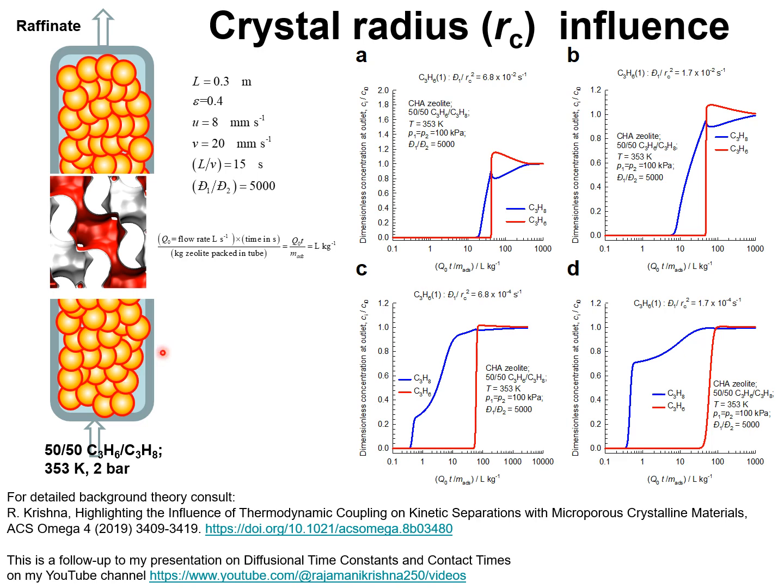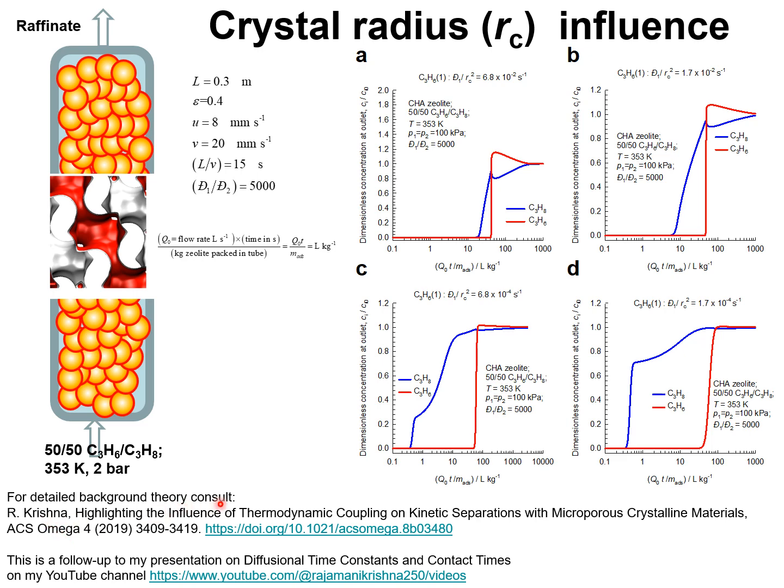I illustrate the influence of particle size and in particular the radius of the crystallites R sub C on kinetic separations of 50-50 mixtures of propene and propane using Chabazite zeolite. The fixed bed adsorber operates at a temperature of 353 Kelvin at a total pressure of 2 bars.